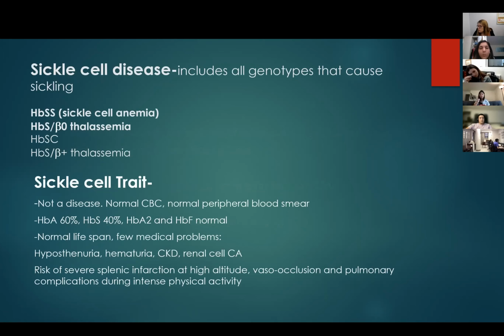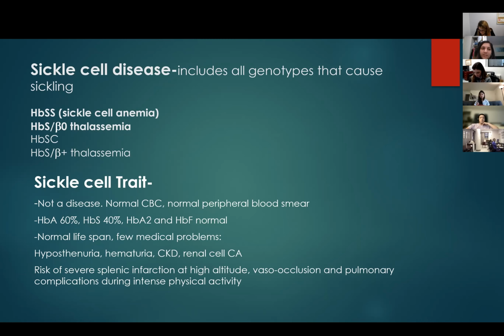Okay. So when we say sickle cell disease, it actually refers to all the genotypes that cause sickling and not just hemoglobin SS. Hemoglobin SS is called sickle cell anemia specifically, but sickle cell disease includes all of these four conditions that I've listed.